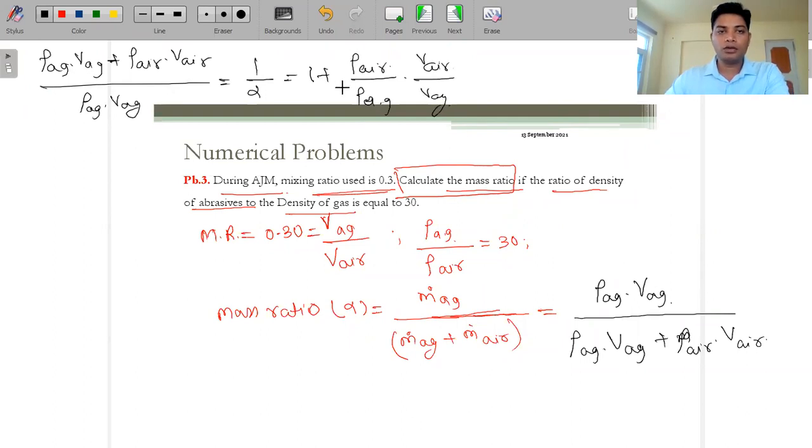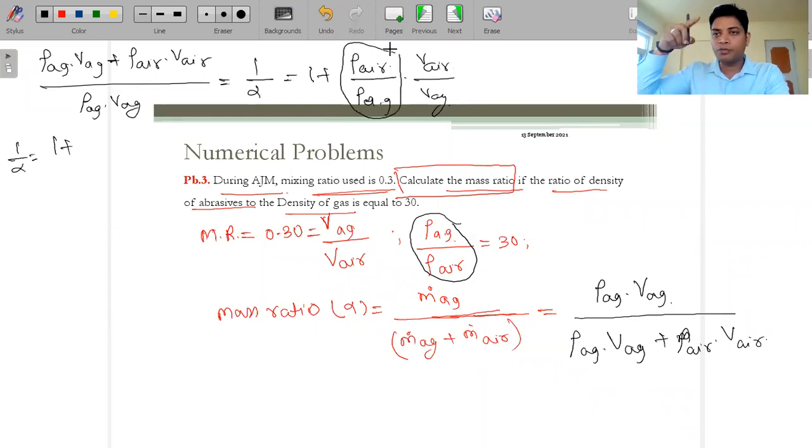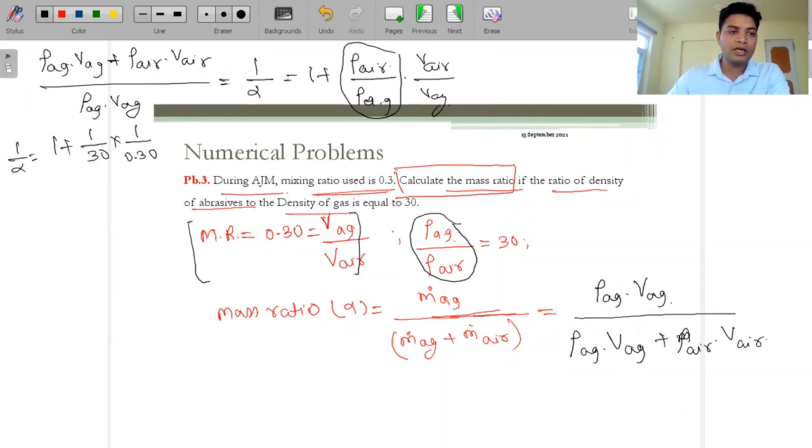So 1 by alpha equals 1 plus rho of air upon rho of ag. Here rho ag upon rho air is given to you, but it is asking rho air upon rho ag, so that will be the reciprocal, 1 by 30, into v air upon v ag. But here the mixing ratio given is v of ag upon v air, so again it will be a reciprocal, so this will be 0.30.